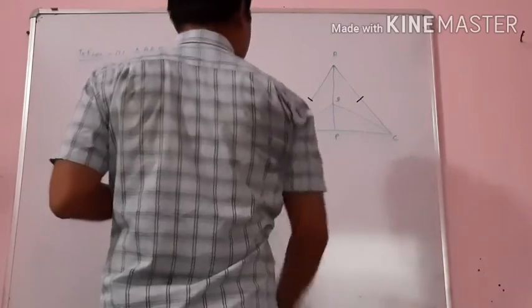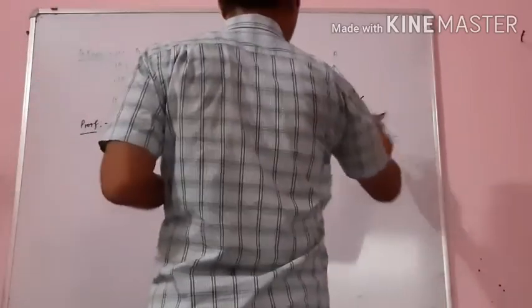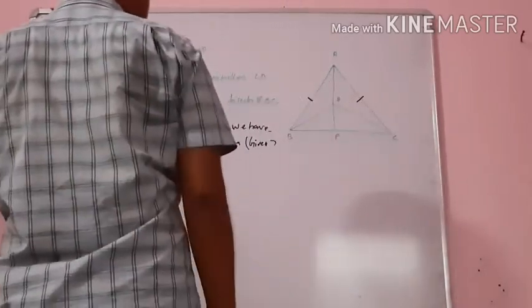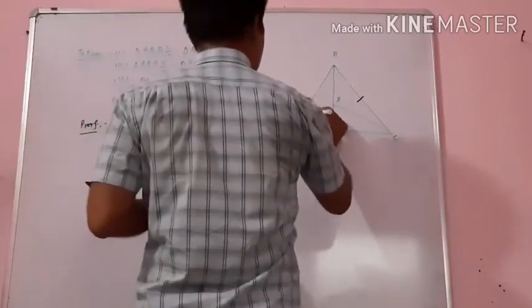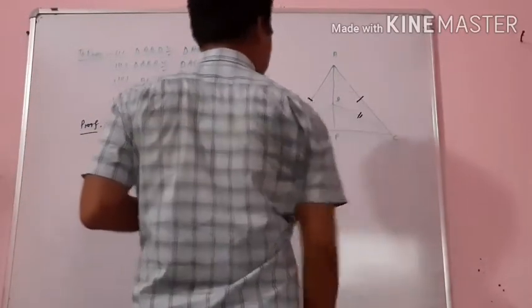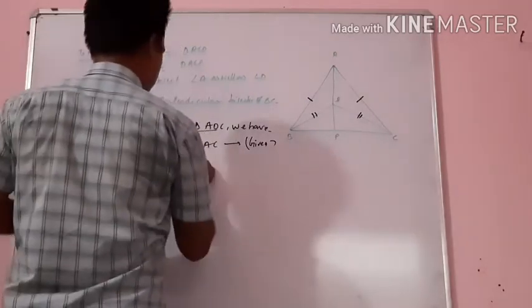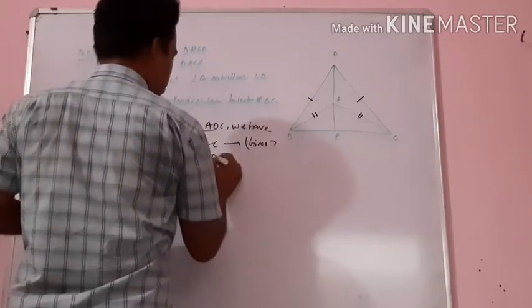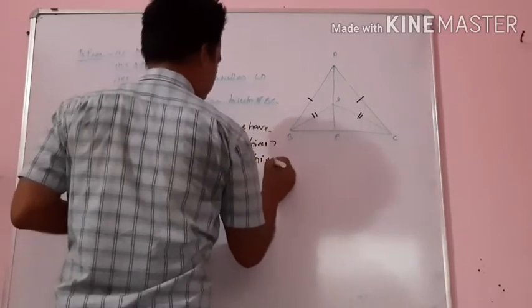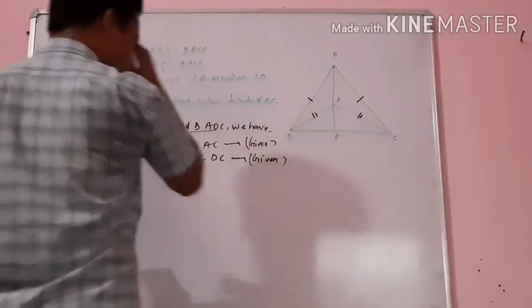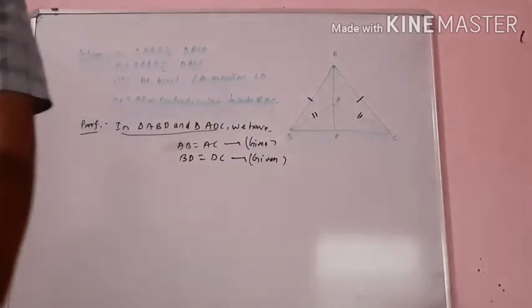And since triangle DBC is also an isosceles triangle, BD equals DC, given.